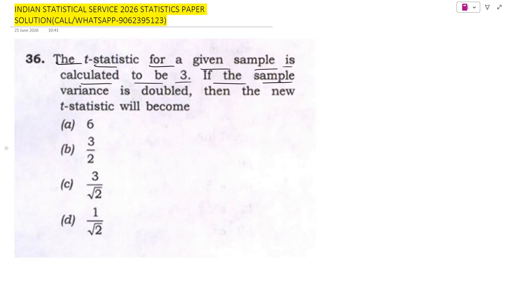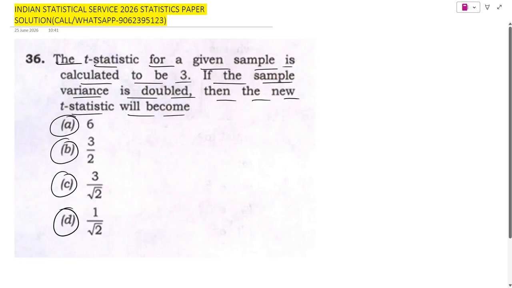If the sample variance is doubled, then the new t statistic will become what? Option A says 6, B says 3 by 2, C says 3 by root 2, and D says 1 by root 2.